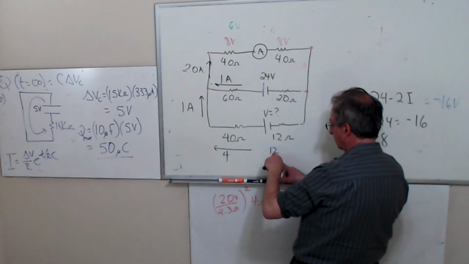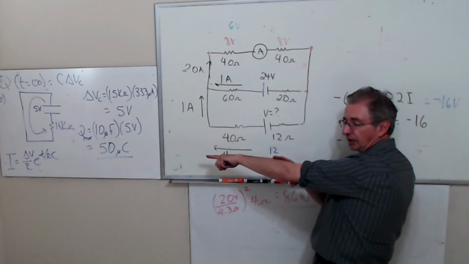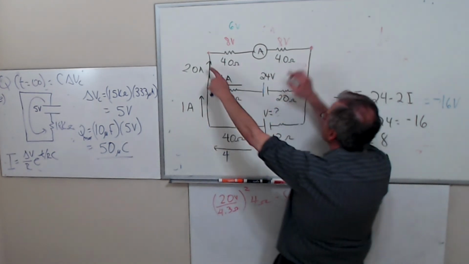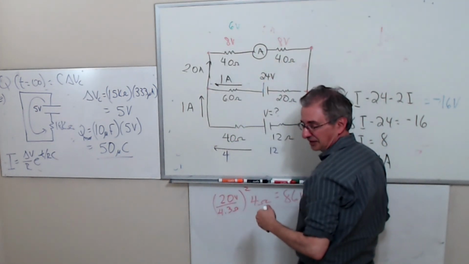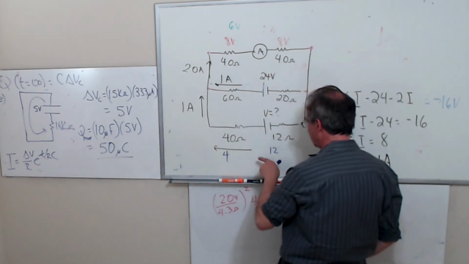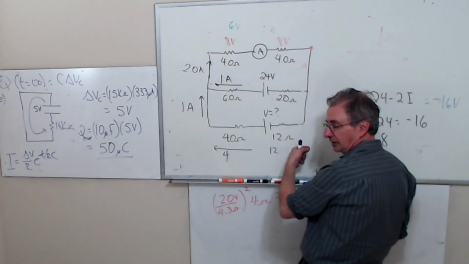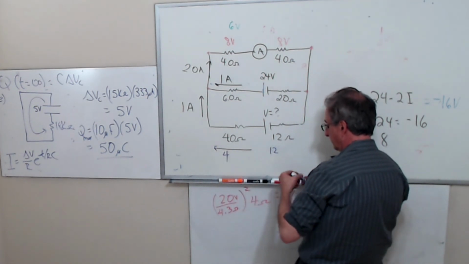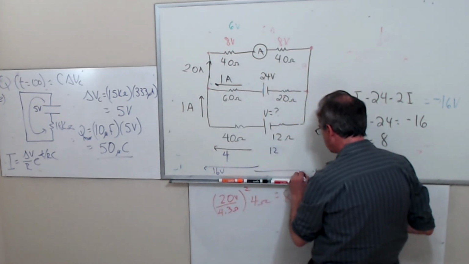You go from 12 here, 12 here and another 4. So it drops this way by 16 volts, correct? Yeah. All right, it's got to drop this way by 16 volts though, right? Yeah. I'm trying to do this without really doing much math. So if it drops this way by 16 volts, it goes up this way by 16 volts, right?